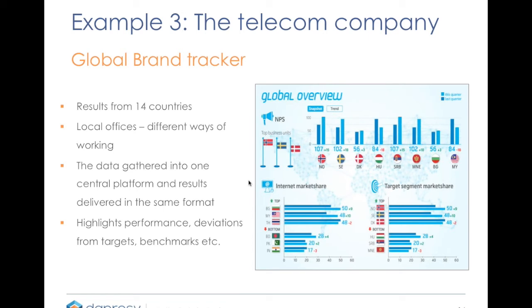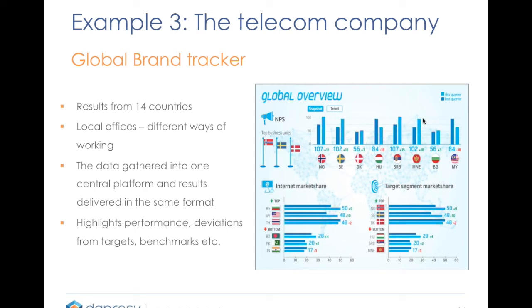Third example, a global brand tracker for a telecom company. They have results for 14 countries. When you have a situation like this, often the local management has local vendors, so the reports turn out to be very locally adapted.